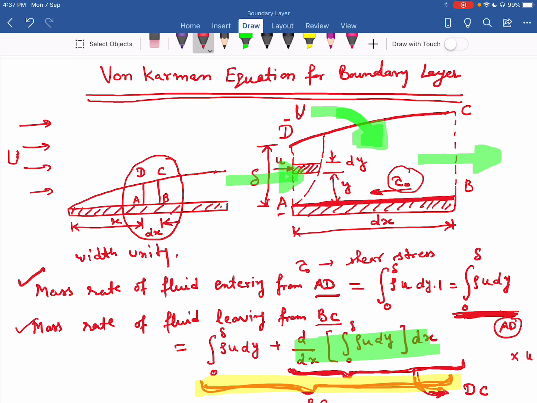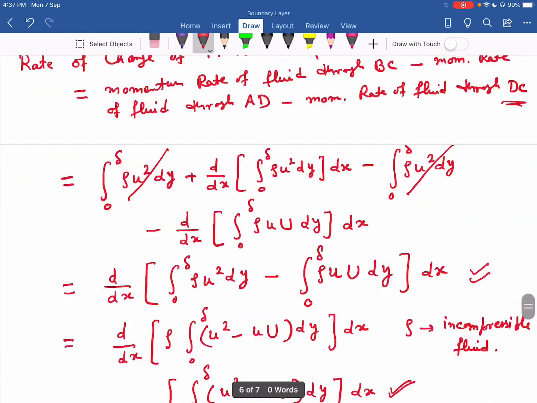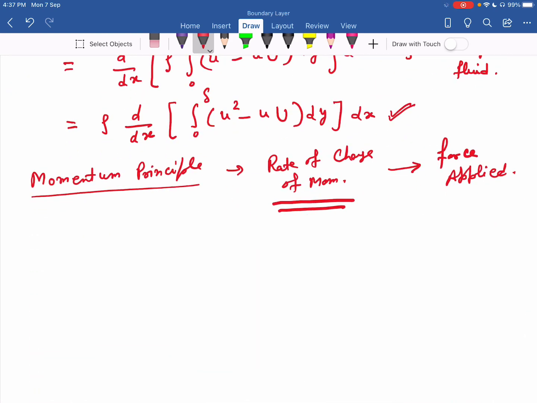With respect to this τ0, the shear stress multiplied by the surface area, I can write the drag force as δFD, that is τ into the area dx into 1.